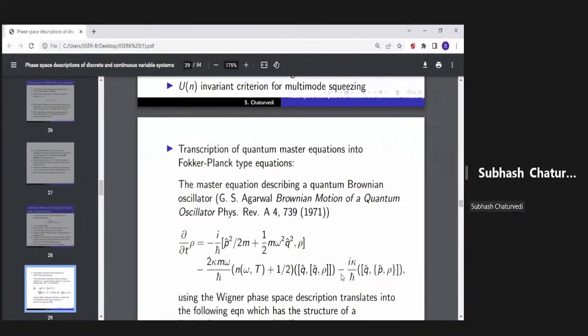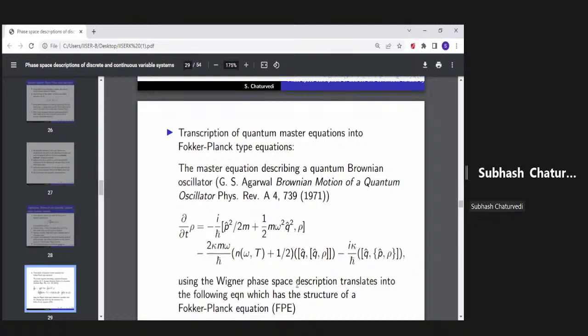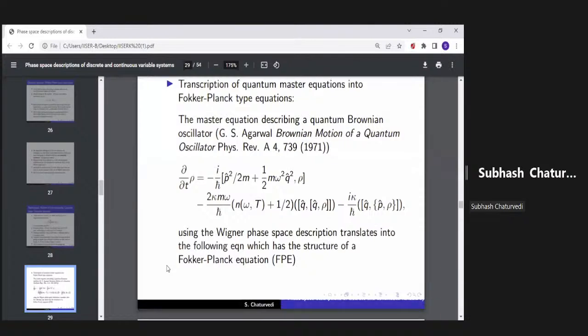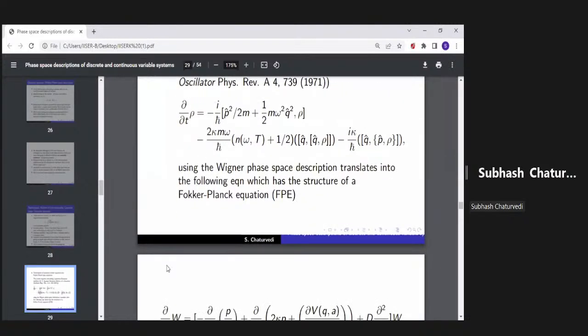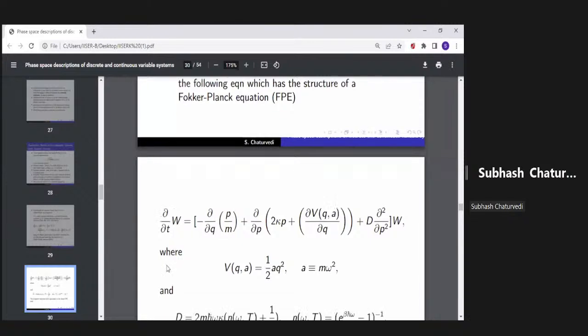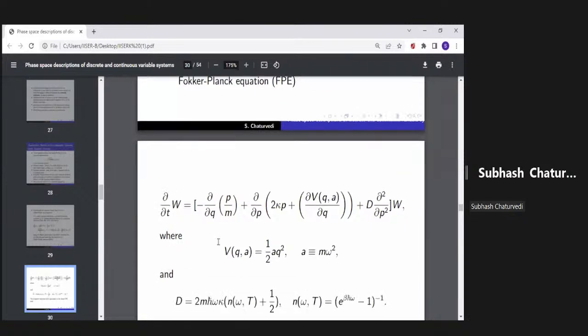So for instance, if I have a master equation of this kind for the density operator, which describes dissipative motion of a quantum oscillator, which was developed by G.S. Agrawal in this paper. Using the phase space description, it translates into an equation which has the structure of a Fokker-Planck equation, which is given here. You have a drift and a diffusion.